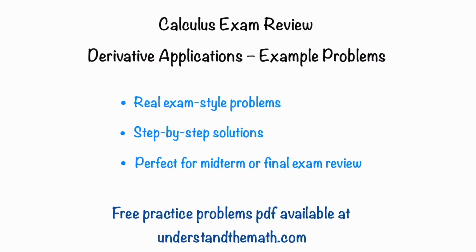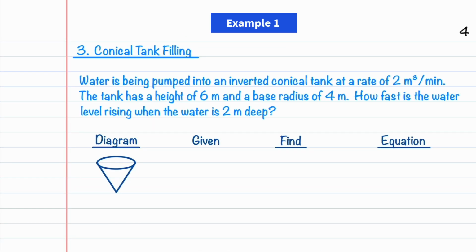Let's get started. We're going to go over a related rates problem that involves the filling of a conical tank. We are told that water is being pumped into an inverted conical tank. I have that picture down here in the diagram so you can see what it looks like.